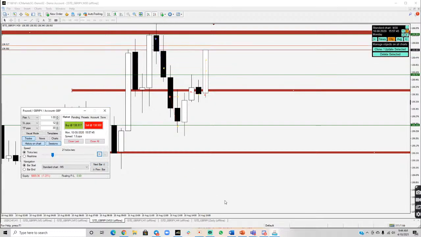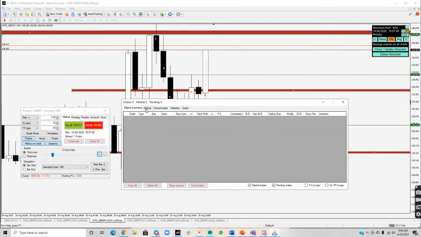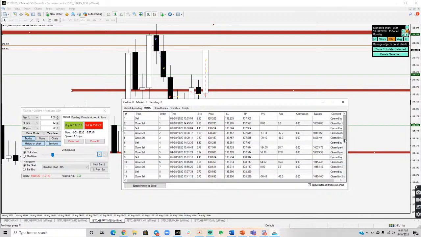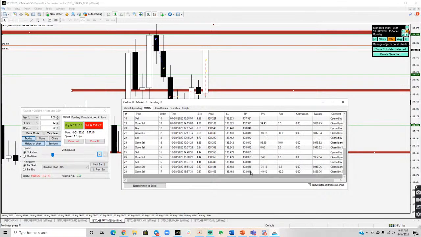So overall, let's look at the risk factor. We're risking about $115 to $120, and we only lost about $83 to $84.